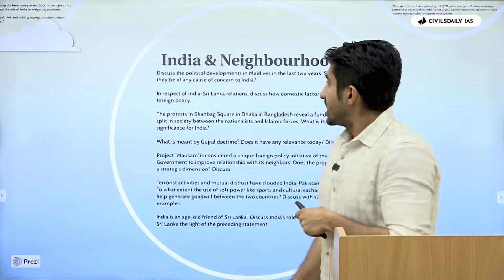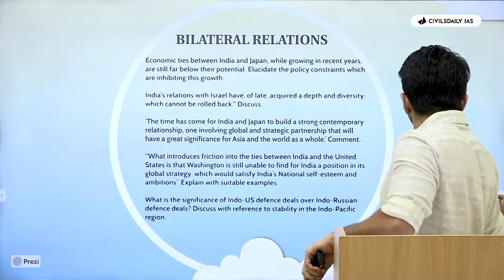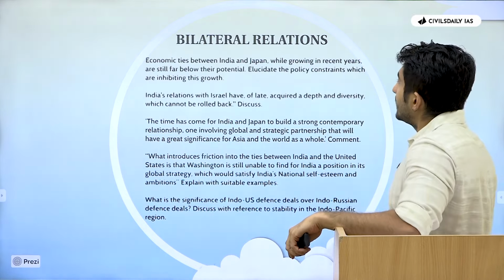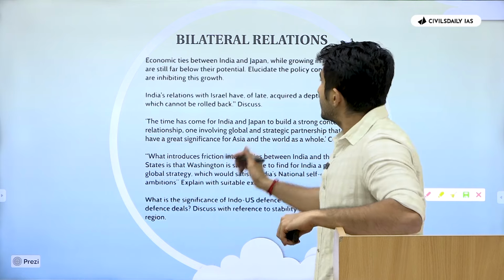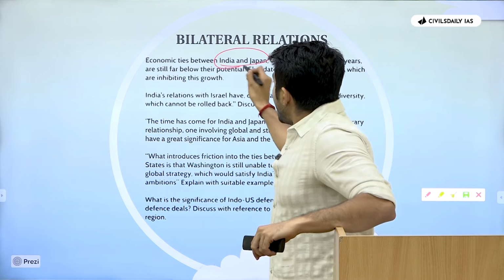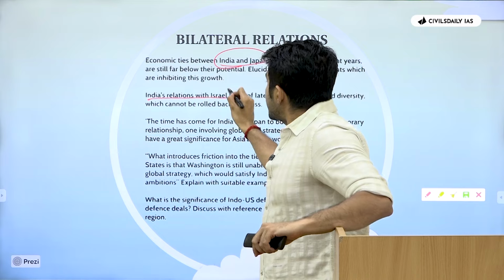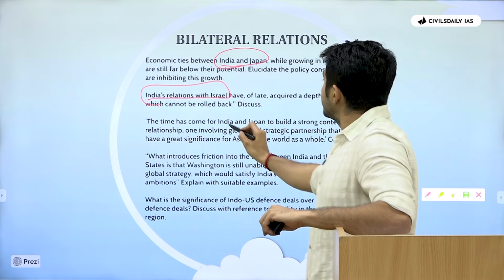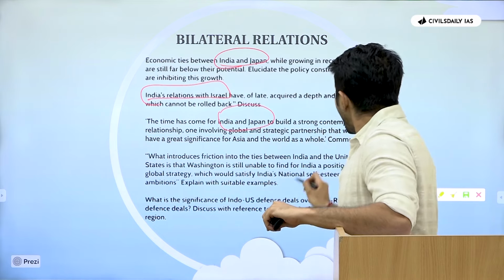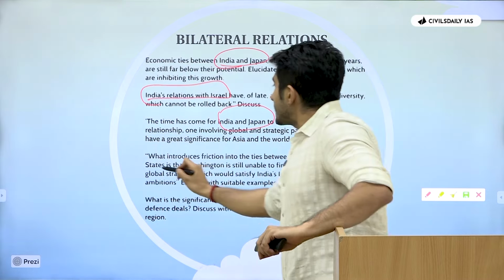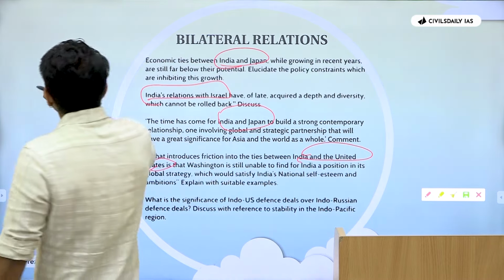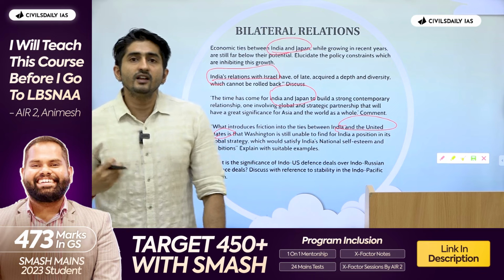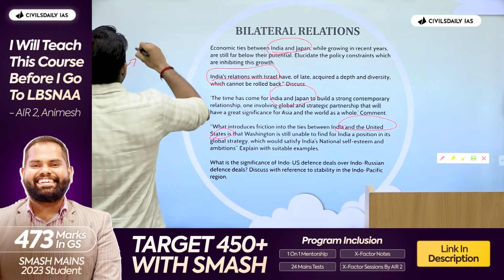Now, moving into the bilateral relations of India with other countries, if you see India-Japan, India's relations with Israel, and India and United States. So, 3 particular countries have appeared in the last 10 years.